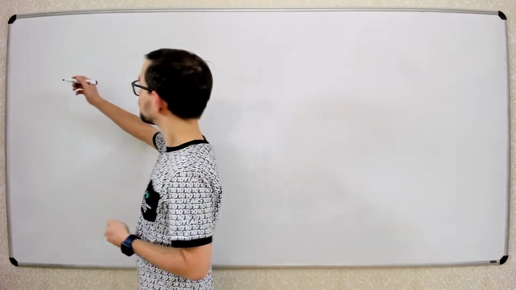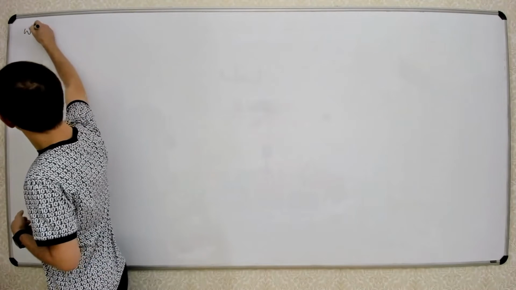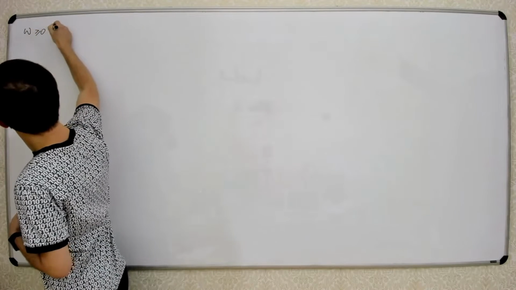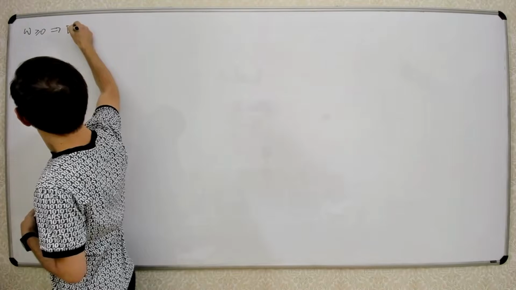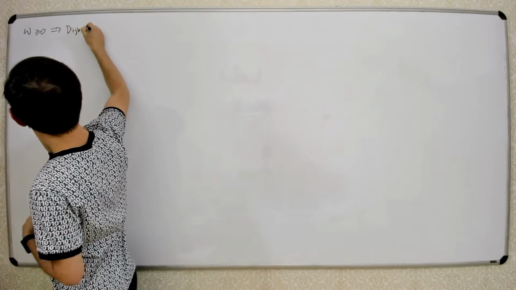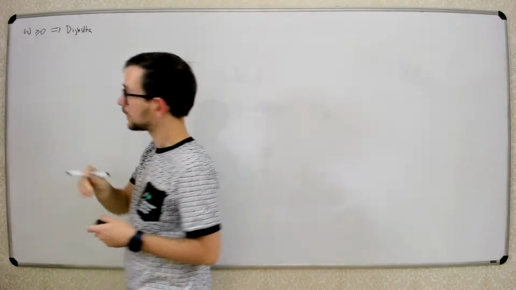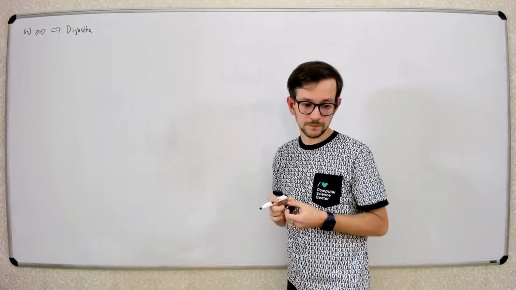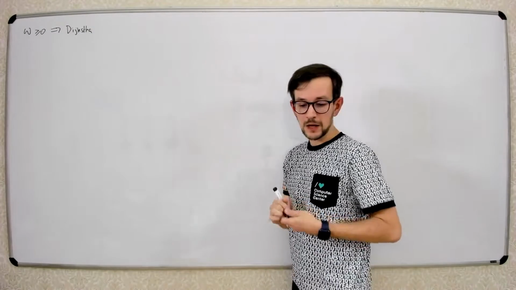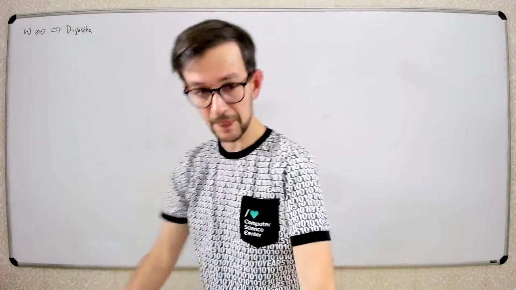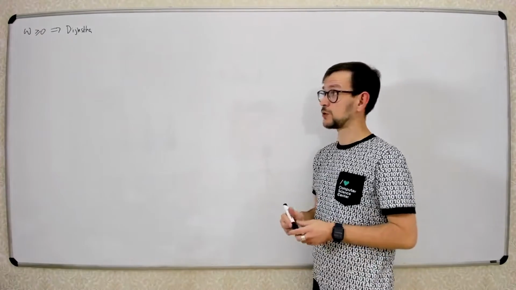If all weights are non-negative, you will just use Dijkstra's algorithm. And if you have negative weights, then you need to use another algorithm.